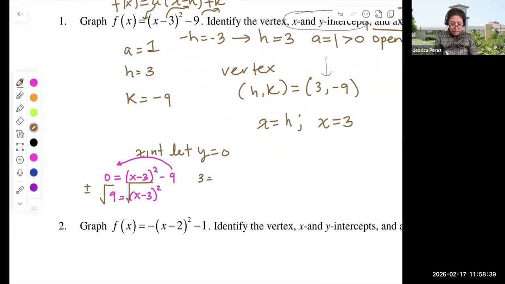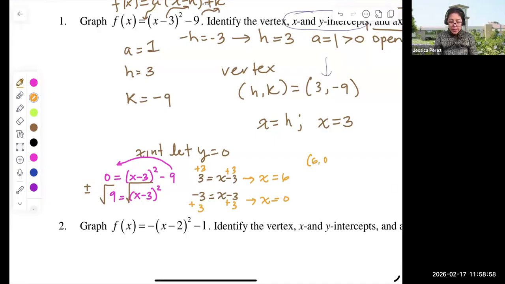We get 3 is equal to x minus 3, and negative 3 is equal to x minus 3. So we have two x-intercepts. If we add 3 to both sides, I get x equals 6. If I add 3 on both sides, I get x equals 0. My x-intercepts are the points 6, 0 and 0, 0.